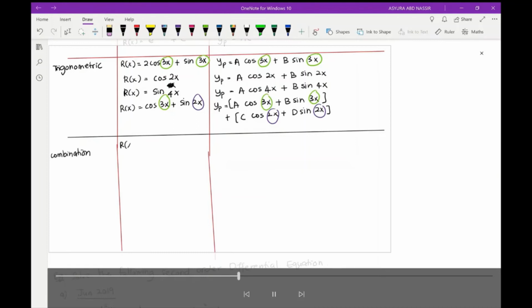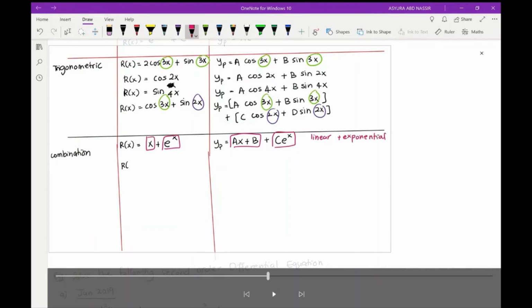Okay, next, let's see what if you have a combination. The first example, Rx is x plus e^x. So x is a linear function and e^x is an exponential function. So we have Ax plus B plus Ce^x. So you have a linear plus the exponential function.